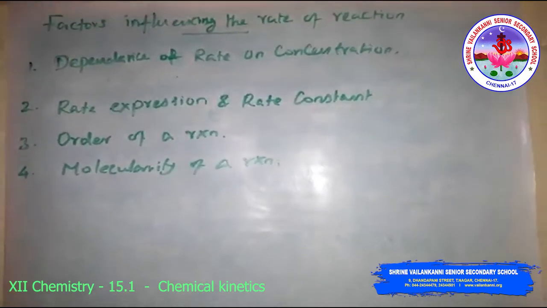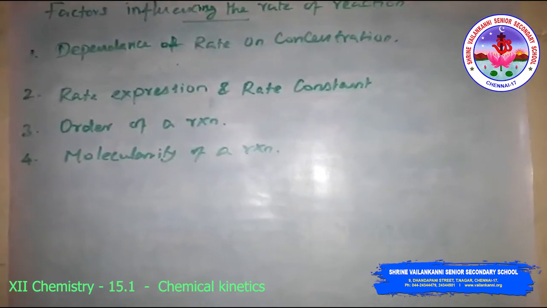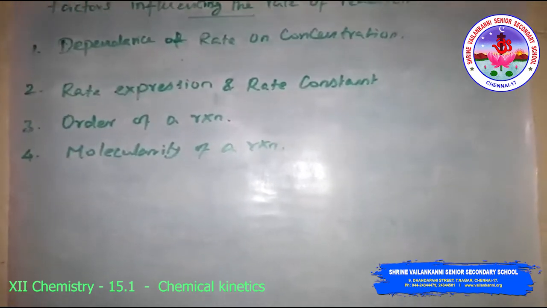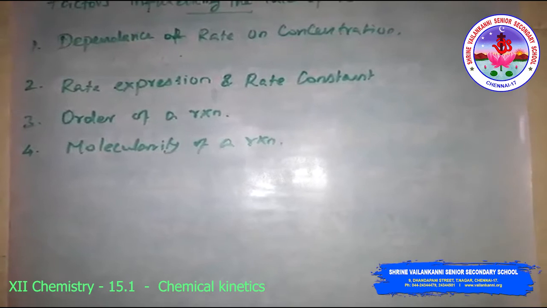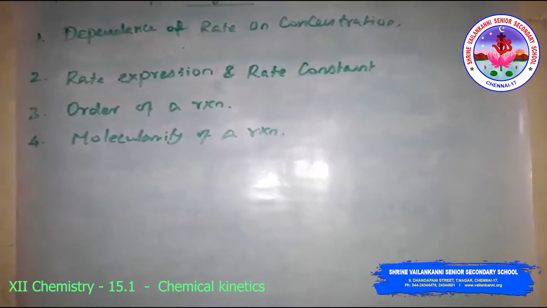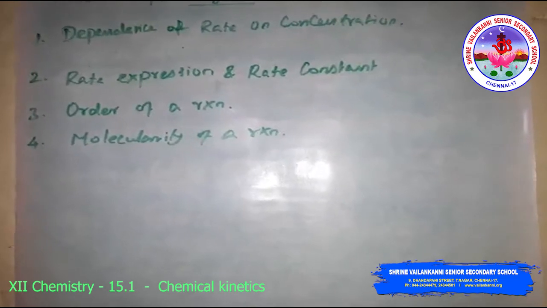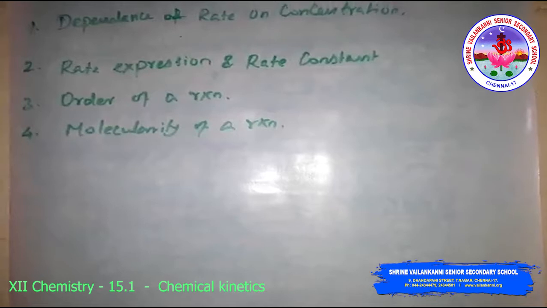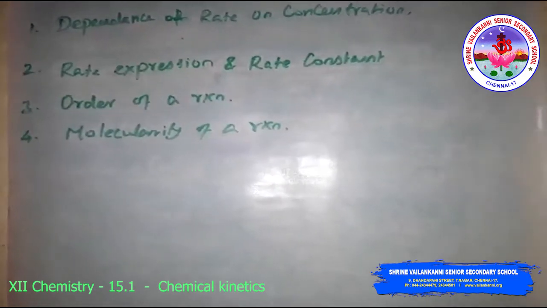It is also called the rate equation or the rate expression. Next, the rate expression and the rate constant: we have already seen that rates generally increase when the reactant concentrations increase. So the rate of reaction depends upon the concentration of the reactant.